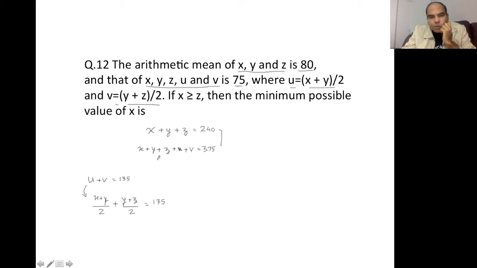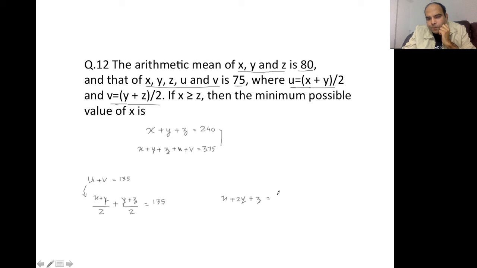I've just replaced u and v from the equation and put it here. When I do that, I will get x plus 2y plus z is equal to 270.